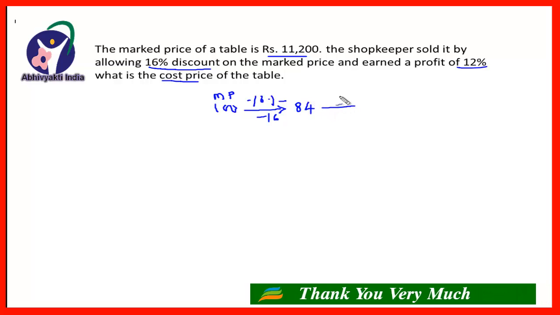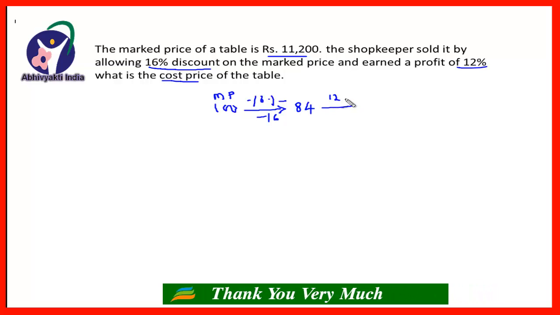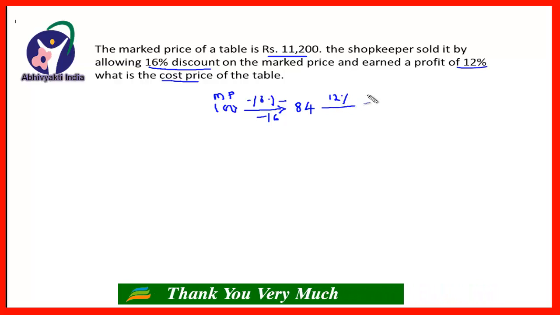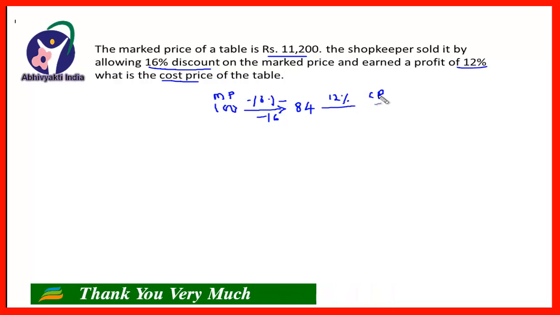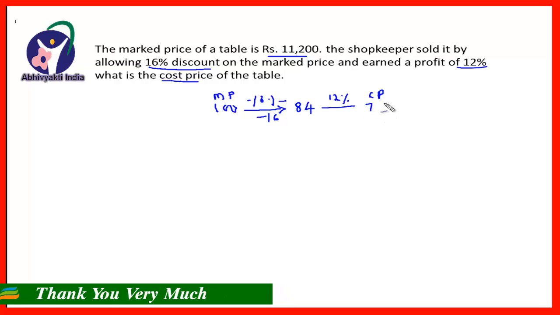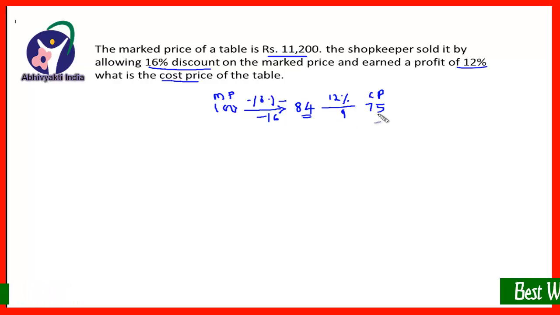Now after selling it for 84 rupees, he earns 12%. So what will be the cost price? So definitely the cost price should be 75 rupees, because 12% of 75 is 9, and 75 plus 9 will be 84, and therefore the cost price is 75.